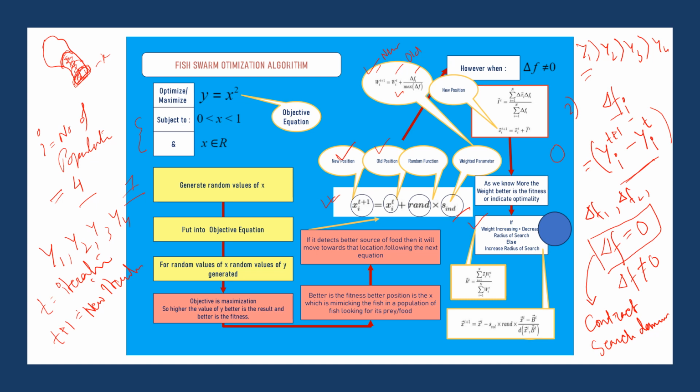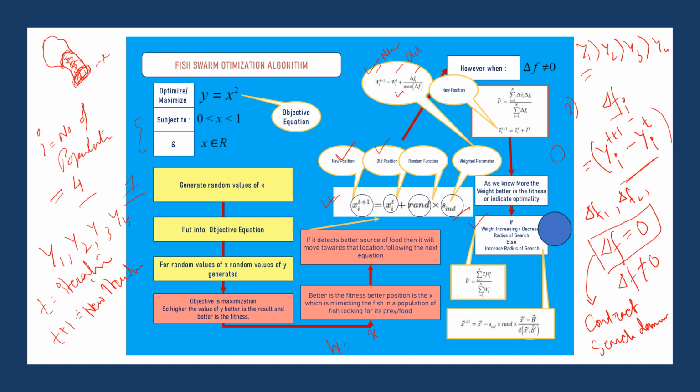So for the first case, what happened? We try to calculate a weighted average W. This W is the summation of all the x's generated, the summation of the product of xi multiplied by the weight of that x.